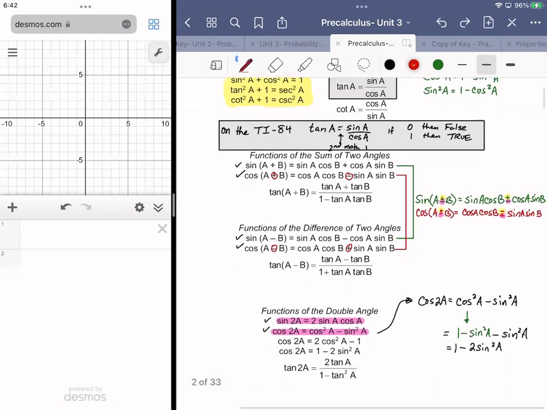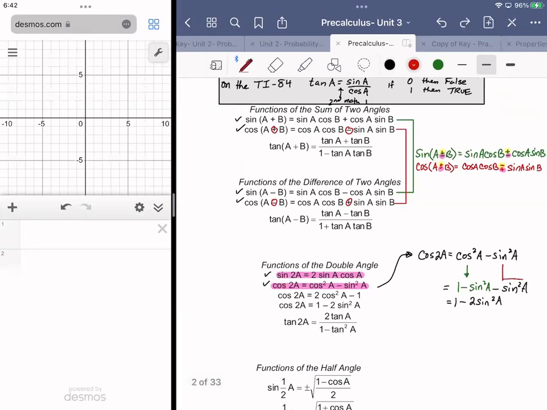The other thing that we could do is replace the sine squared with a 1 minus cosine squared. That would give us cosine squared minus 1 plus, distributing the negative, another cosine squared.